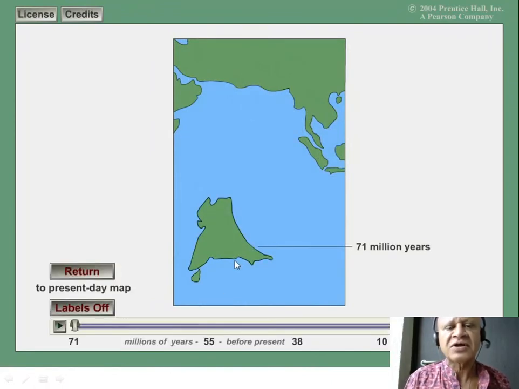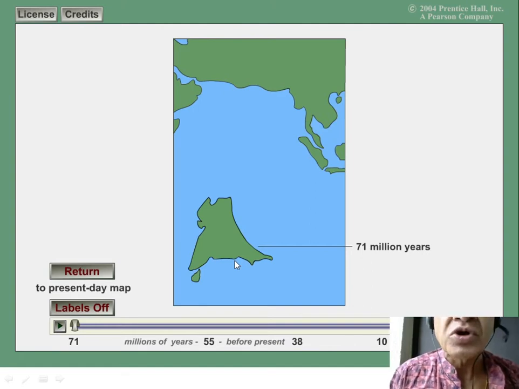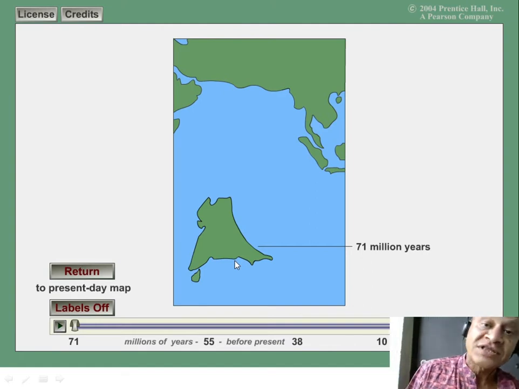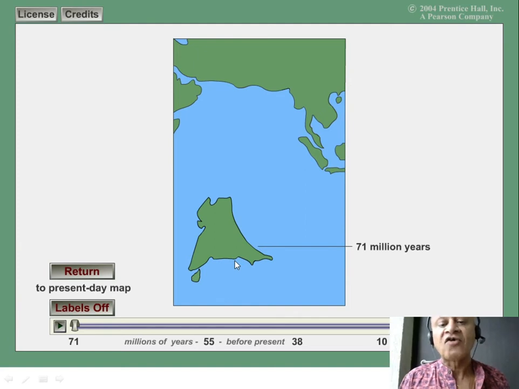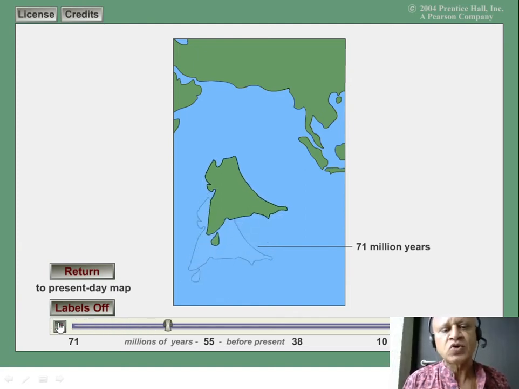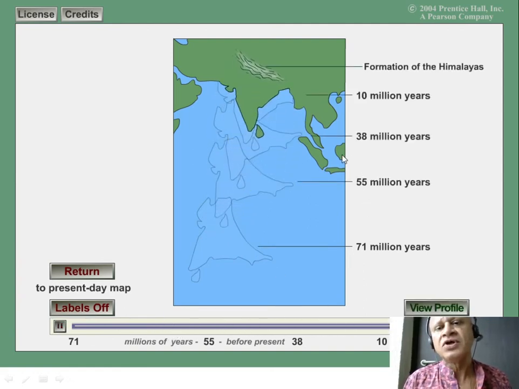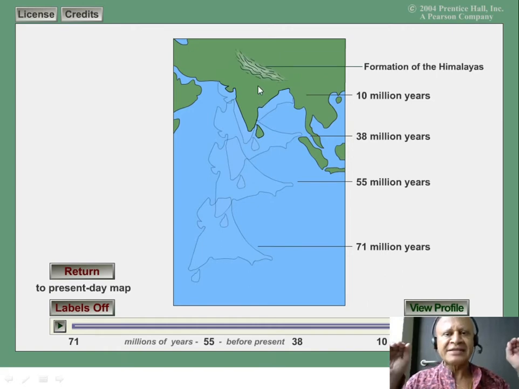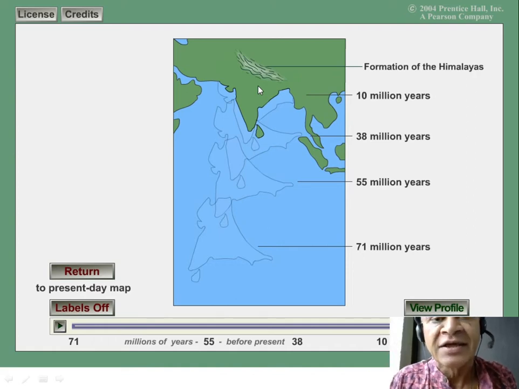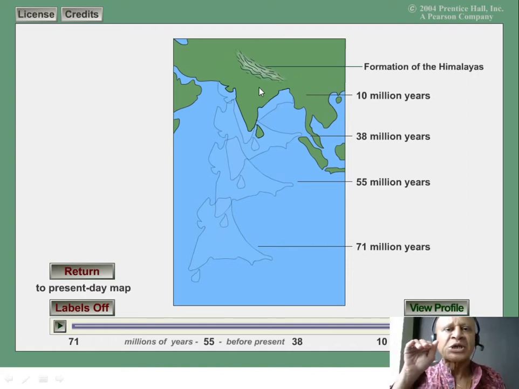It was here. I will show in a minute how we know where it was and how fast it was moving and so on. This animation shows that over the last 70 million years or so, it has been constantly moving towards the Asian plate, and then it crashed into the Asian plate and now continues to push under the Asian plate and pushes the Himalayan mountains.